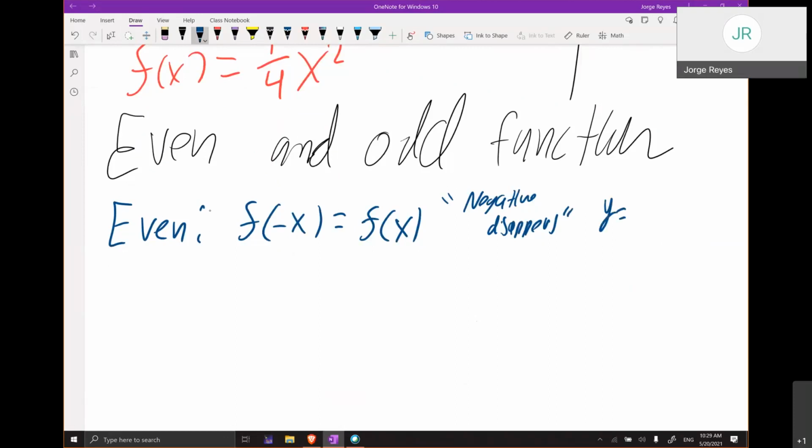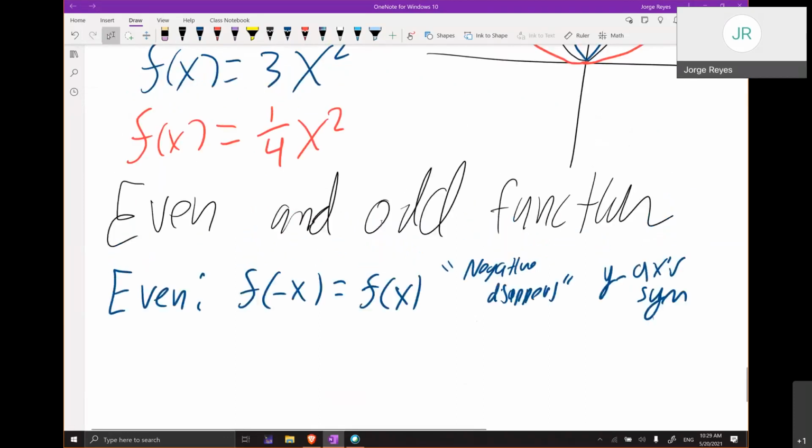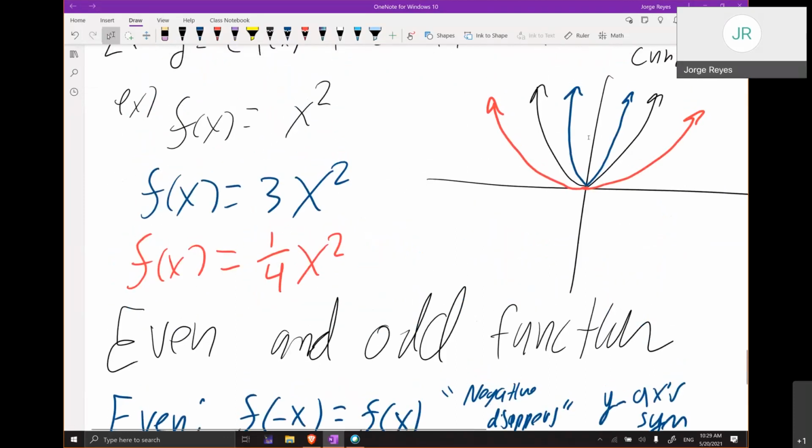This will also look obvious though, because all even functions are y-axis symmetric. So if we look up here, x squared is totally even because it is y-axis symmetric.